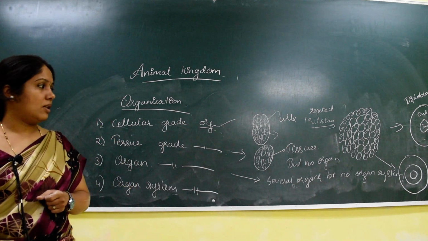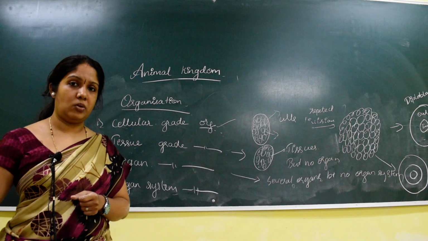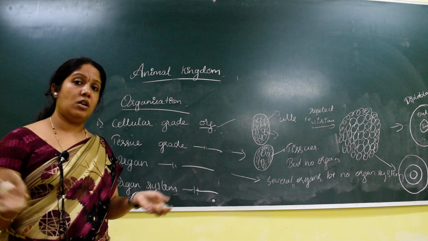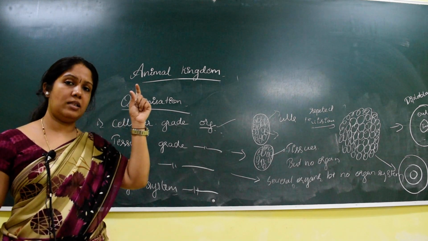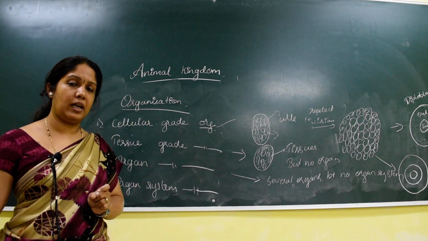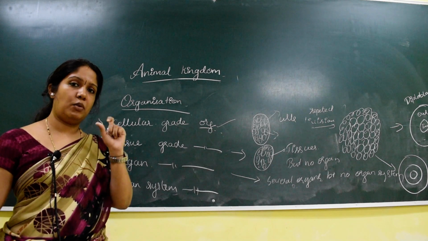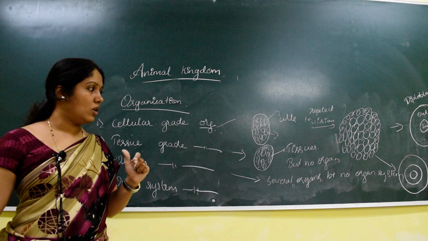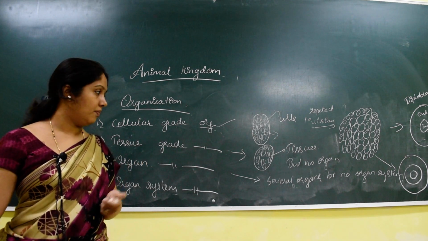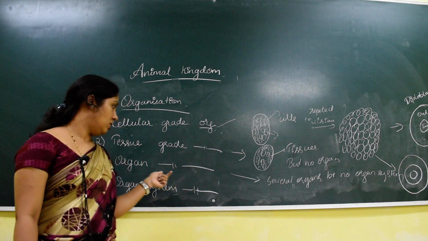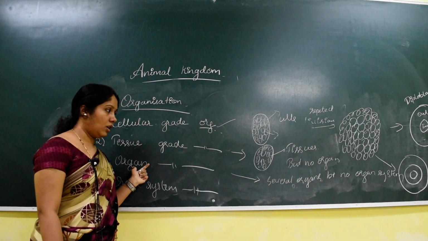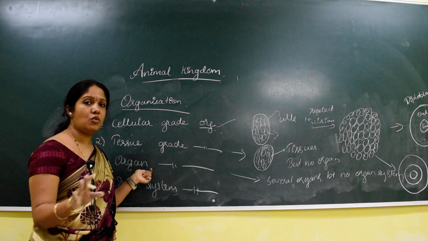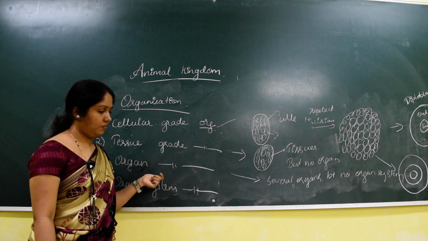So, let us take an example of the nervous system. In the nervous system, there are brain, spinal cord, nerves. So brain is one of the organs, spinal cord is another part. Together they perform one function, they are involved in one particular function. So hence that is called an organ system. In the same way, in case of organ grade of organization, the organism consists of organs, but there is no formation of organ system.